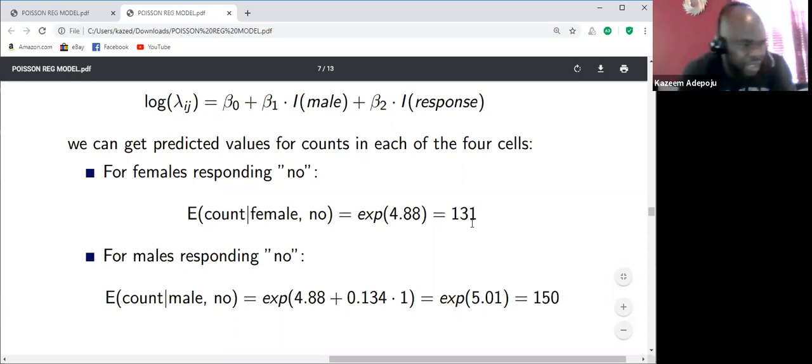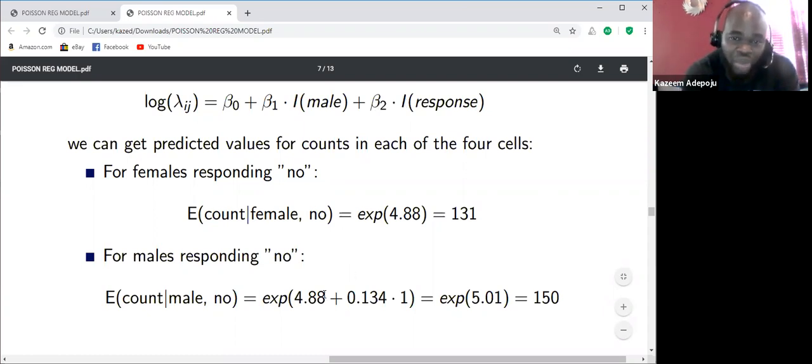Similarly, I can also find the predicted value of count for male responding no. It's going to be the expected count given male, no. For male, I'm going to use this one because it's 1. Responding no, I'm not interested in this, so I'm not going to use beta 2.